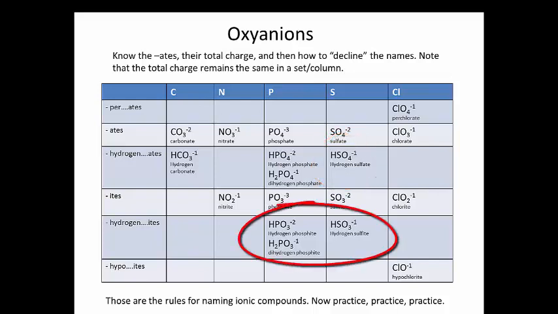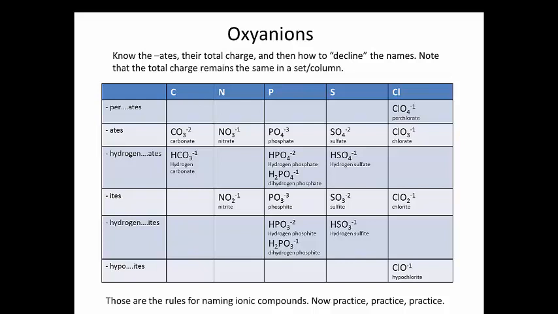And likewise for the -ites, the same thing happens. Phosphite can become hydrogen phosphite or dihydrogen phosphite. Total charge then becoming minus 2 or minus 1. Sulfite, if we add an H plus, can become hydrogen sulfite. Notice that it's not hydra or hydro, it's hydrogen sulfate, hydrogen sulfite.